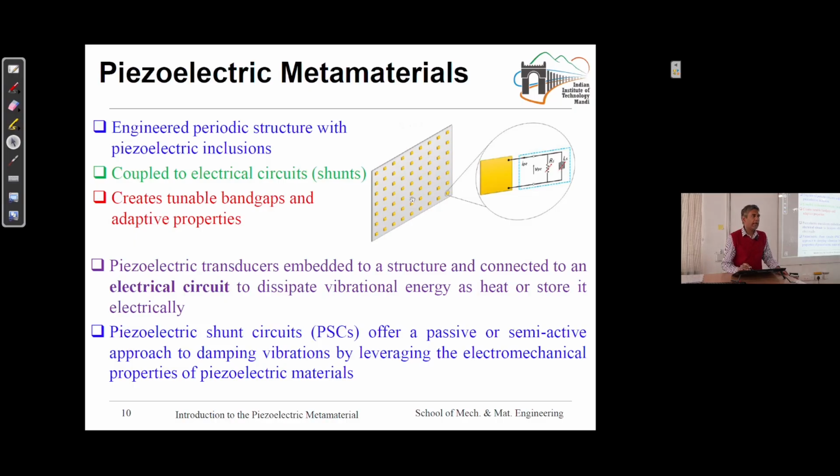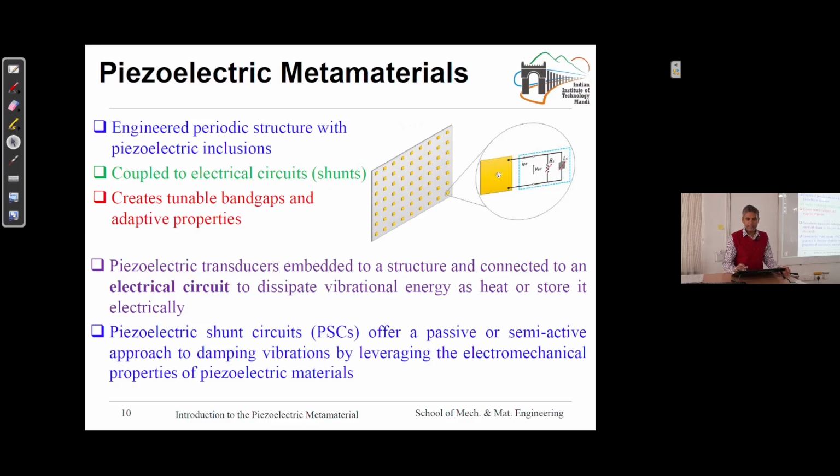And if you want to have an active property, then you also have to use every meta atom with a shunt circuit. That will have resistance, inductance, and of course the capacitor is the piezoelectric material itself. As you know, piezoelectric material behaves as a capacitor.